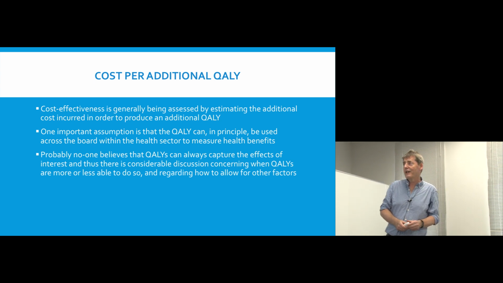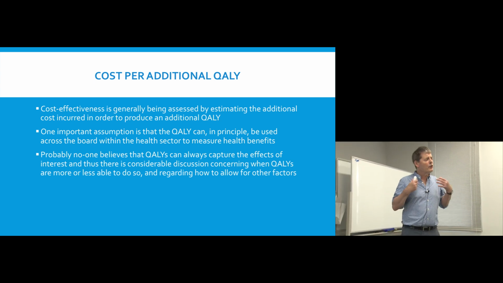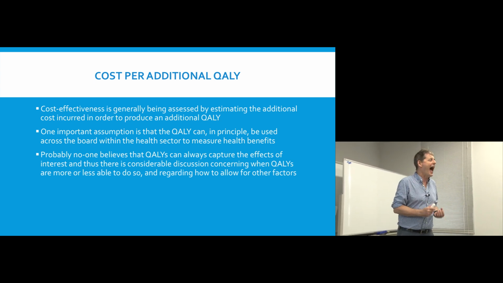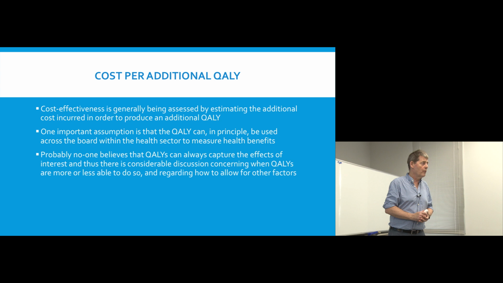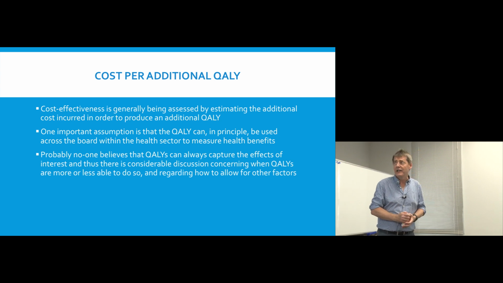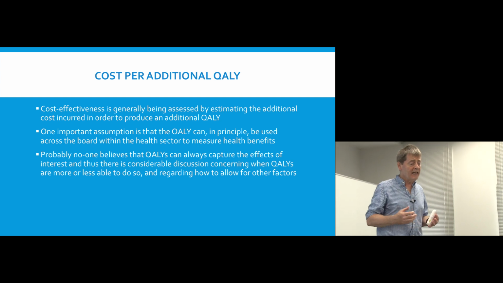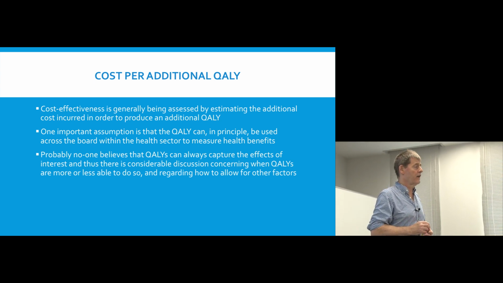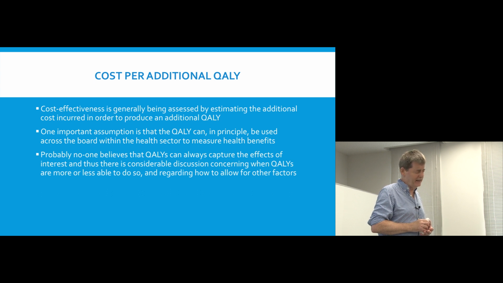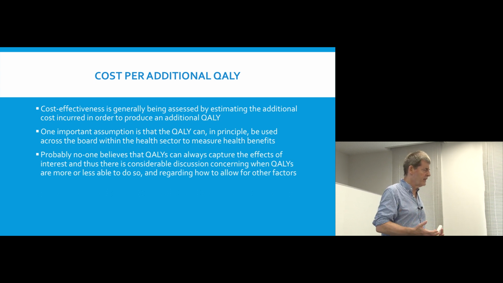But I think it's fair to say that even the most enthusiastic advocate of QALYs recognises the limitations of QALYs. And in any decision-making context, it's highly unlikely an individual or a committee will want to just make their decision on the basis of cost per QALY.